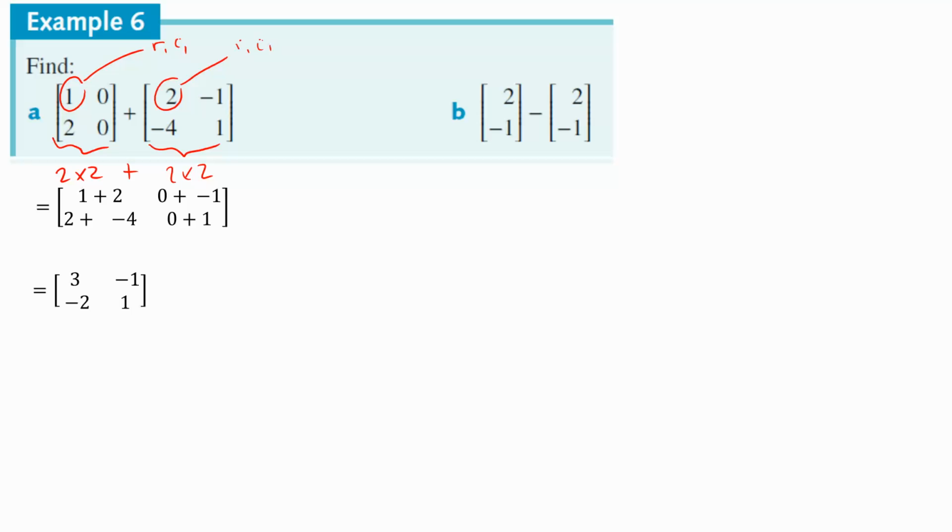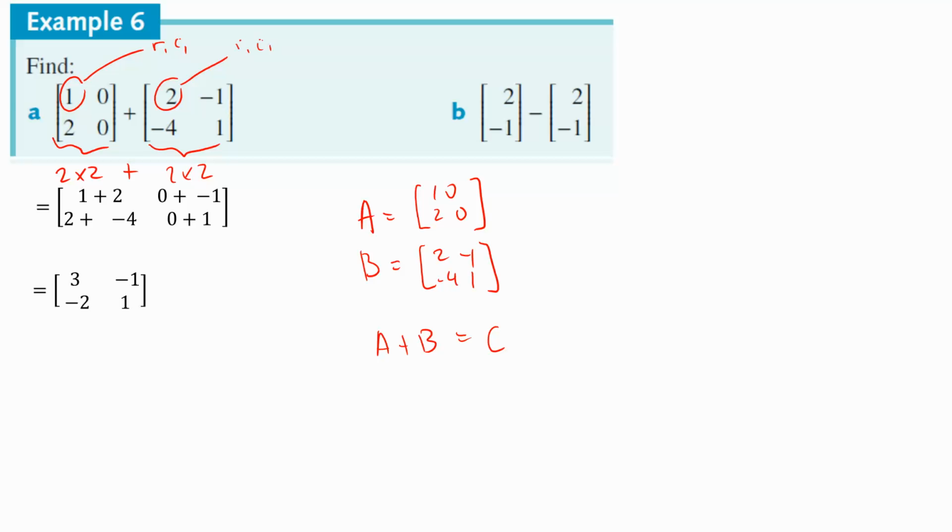You can actually get a question where they'll say, let's call matrix A 1, 0, 2, 0. And you could say, let's call this other matrix B equals 2, -1, -4, 1. And then you can say A plus B equals C. And that's much easier to write.